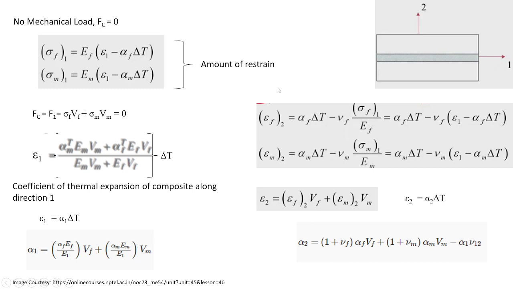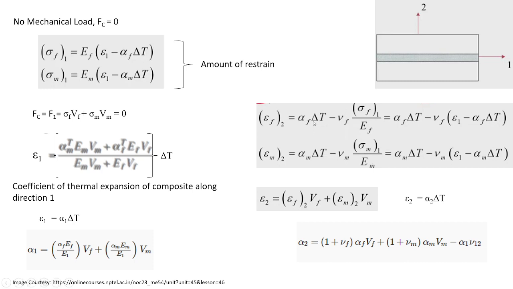Similarly, when we want to find the coefficient of thermal expansion in the transverse direction, we consider the strain equations in the transverse direction for the fiber and the matrix, again using the amount of restraint.